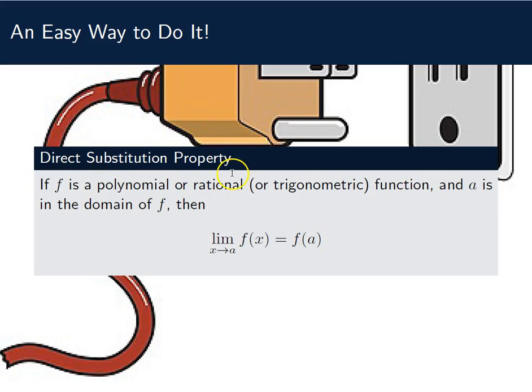So the direct substitution property is a nice way to find limits of polynomials, rational functions, trigonometric functions.